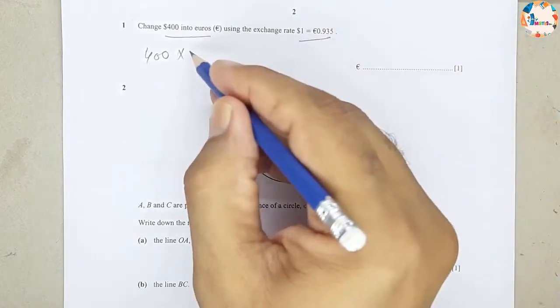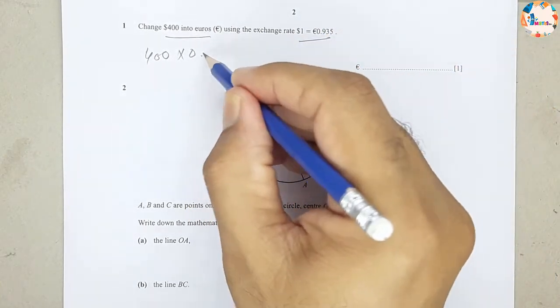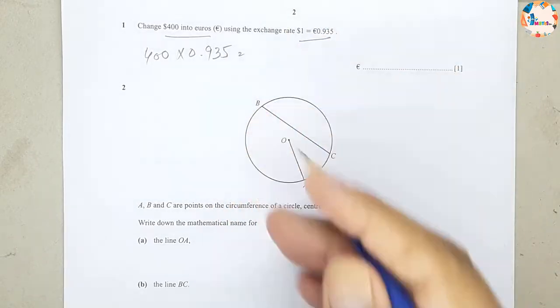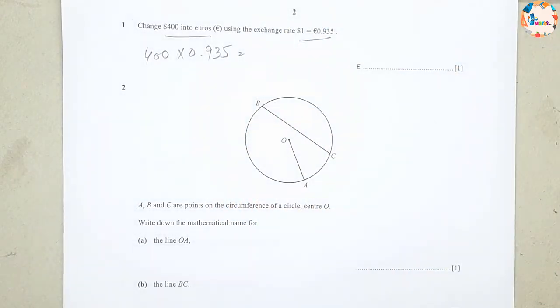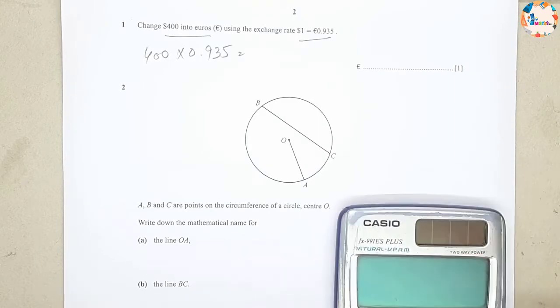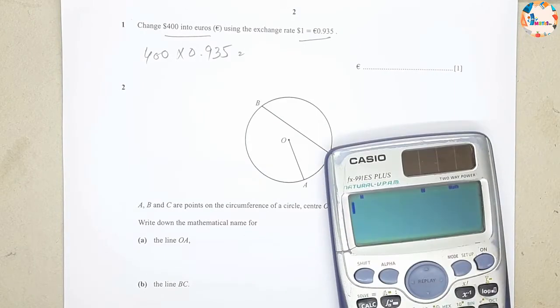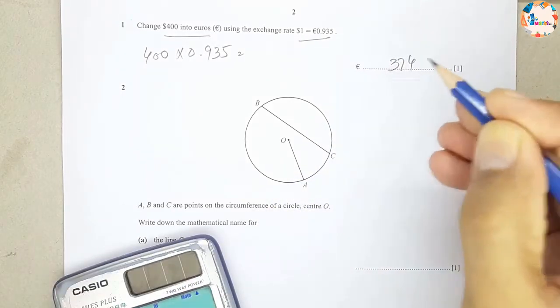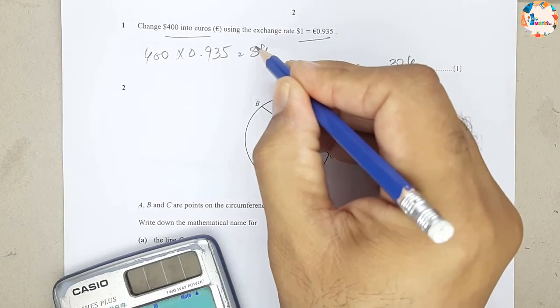So we multiply 400 by 0.935, and we will be multiplying this with the help of a calculator. 400 multiplied by 0.935 will be equal to 374 euros. 374 euros.